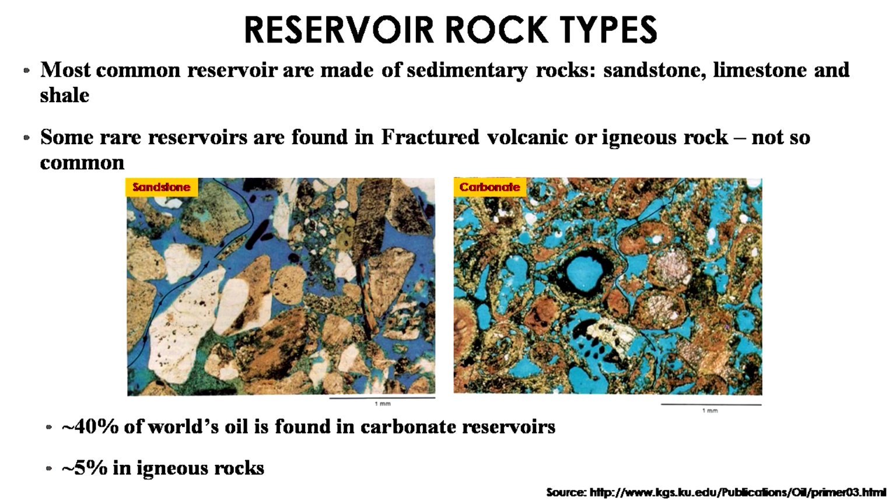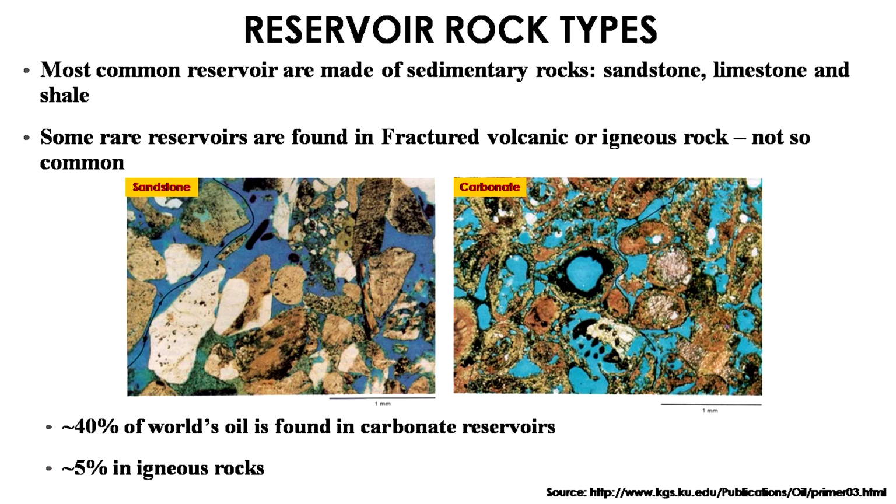About 40% of the world's oil is actually found in limestone type of reservoirs, and about 55 to 60% of the oil in the world is found within sandstone type of reservoirs, and about 5% in igneous rock is also there where we find hydrocarbons.